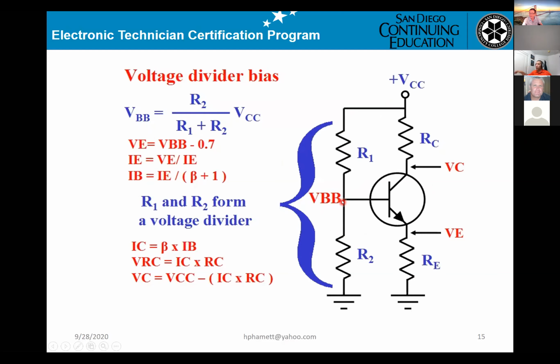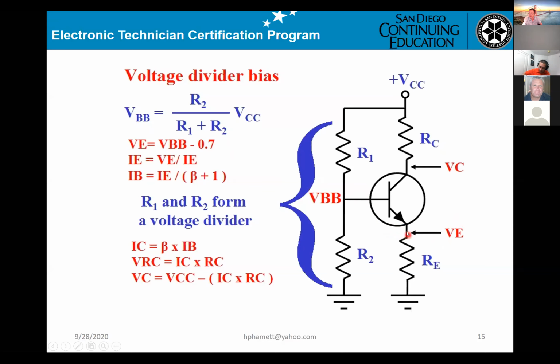After you have it, you can calculate the voltage at the emitter here. How? The difference between VBB and VE is 0.7. So to calculate the VE, you take VBB minus 0.7.